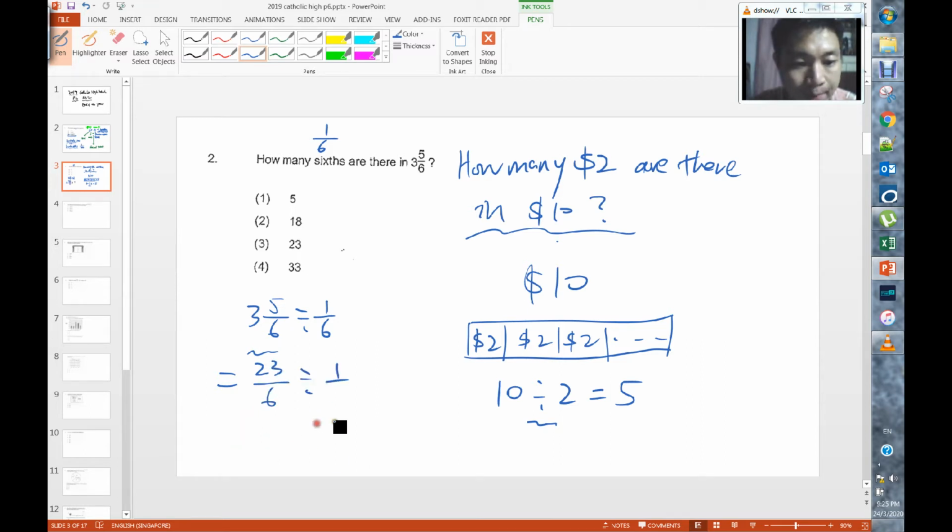When you divide by 1 over 6, it is as good as times 6 over 1. Therefore if you cancel the 6 here, you should get 23. Therefore you should choose option 3 as your answer.